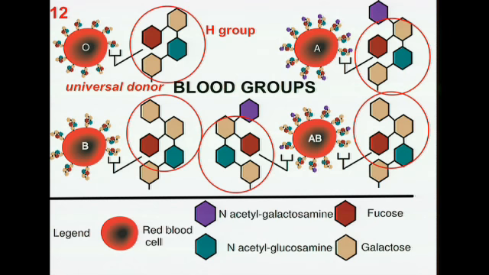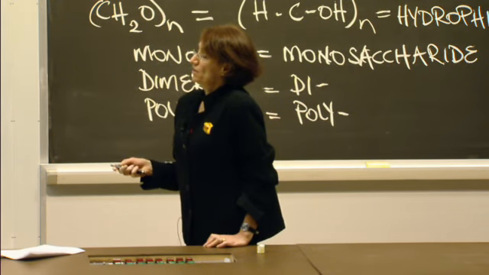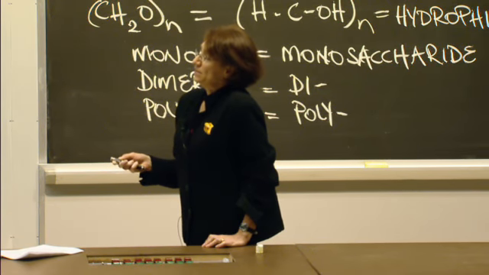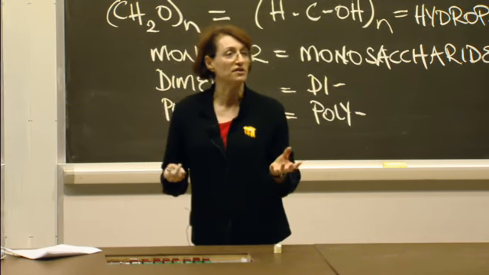It contains an H group, which is the basic sugar information on blood cells, and all of the other blood groups also contain this basic information, but they contain other sugars as well, here indicated by purple, or the key to these different sugars is indicated below. But O can be given to any kind of person because you do not have antibodies against this particular H group because everyone's got it.